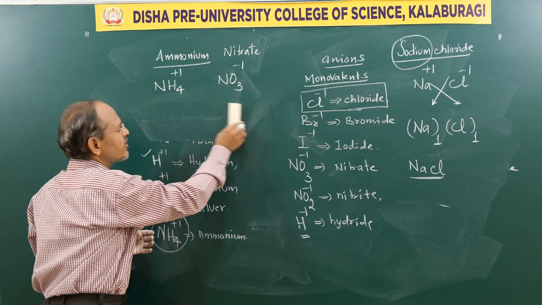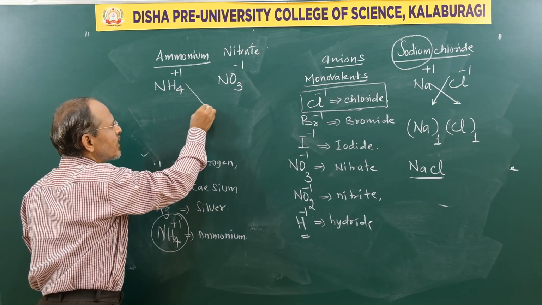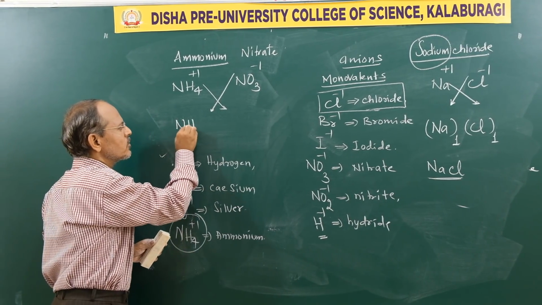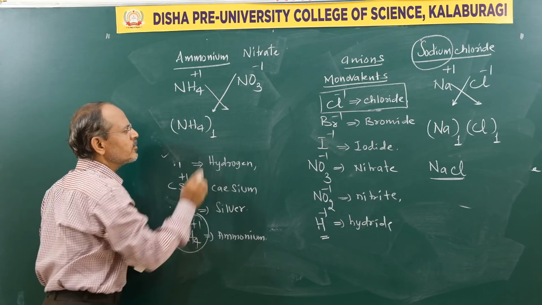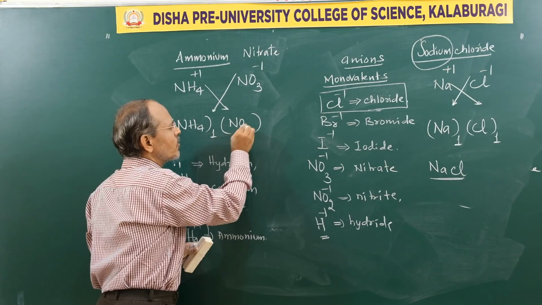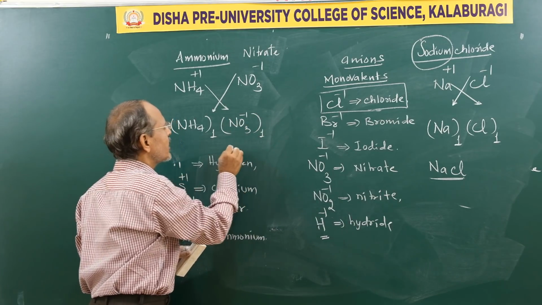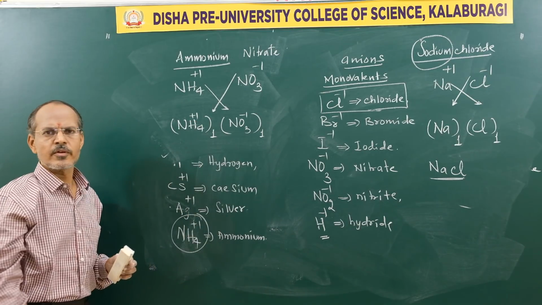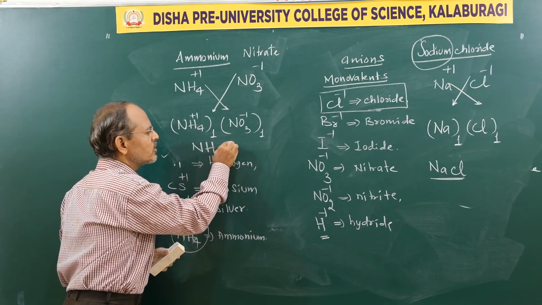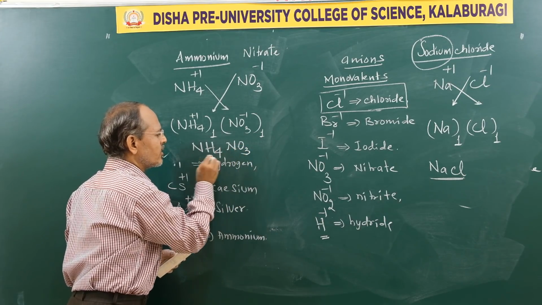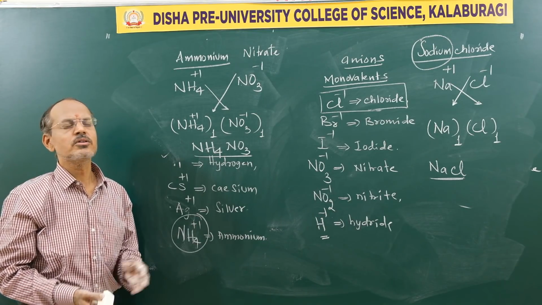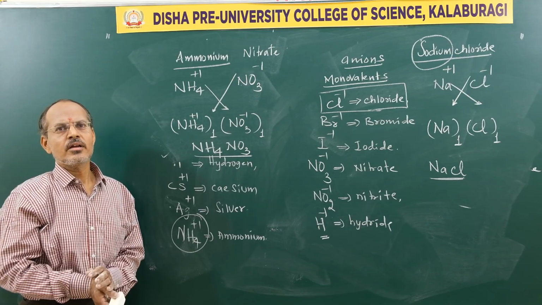Then again the second step is to exchange the valencies, not the charge. NH4 one time, NO3 one time. Here I will write the sign also. Then the formula becomes NH4NO3, that is ammonium nitrate. This is how to write the formula.